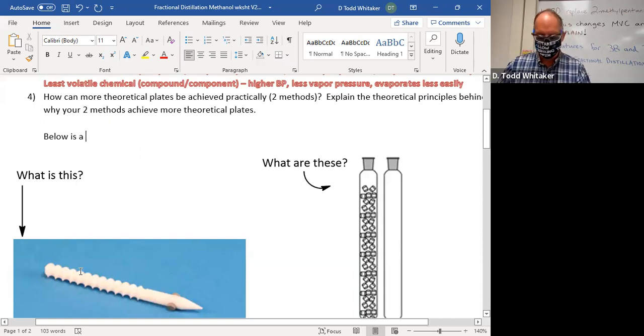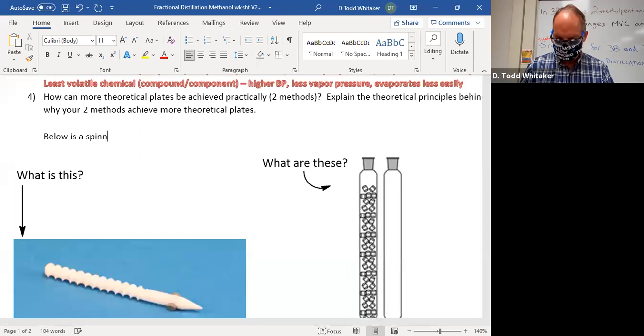A spinning band. It has grooves. You see the grooves? This is going to be awkward. Tab, return.